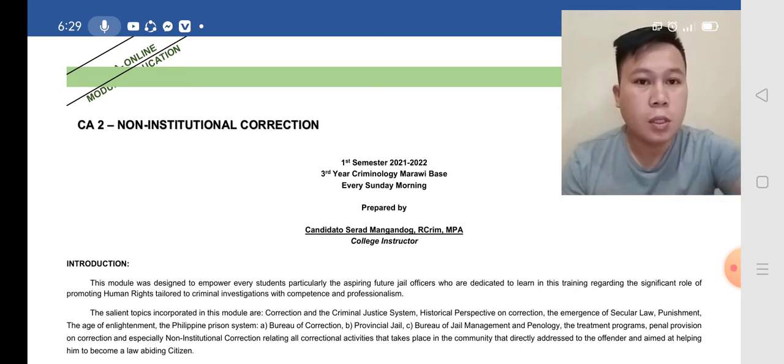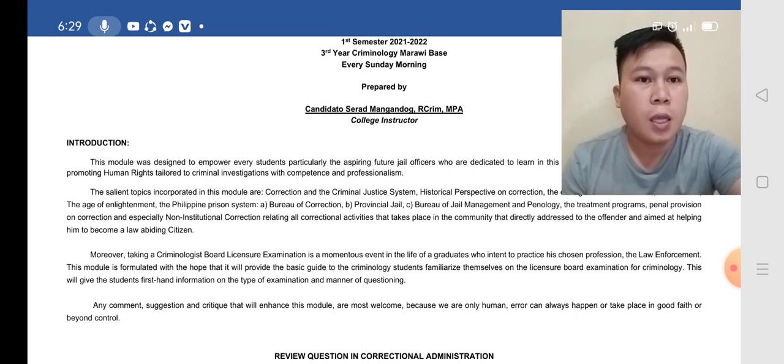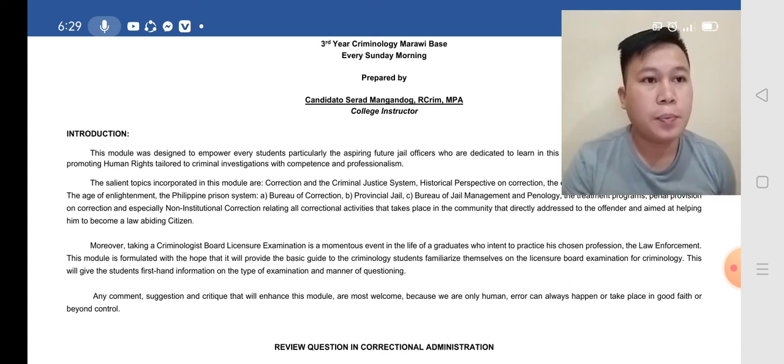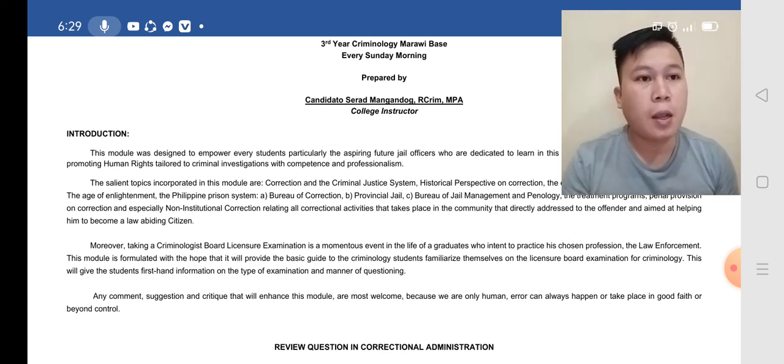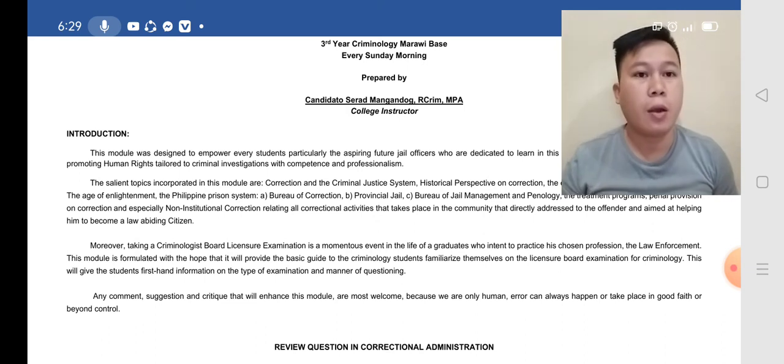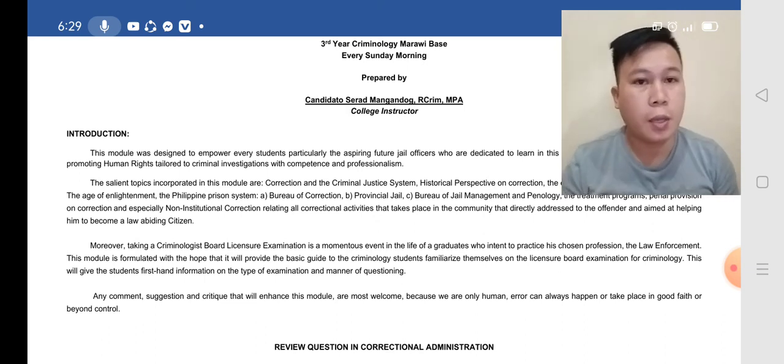The salient point of this subject is that it is part of the criminal justice system as the fourth pillar, which is the correction. So in correction, makikita natin doon kung ano yung mga pwede nating gawin at pwede nating hindi gawin while we are serving the inmates.